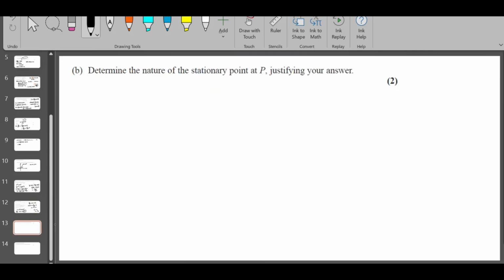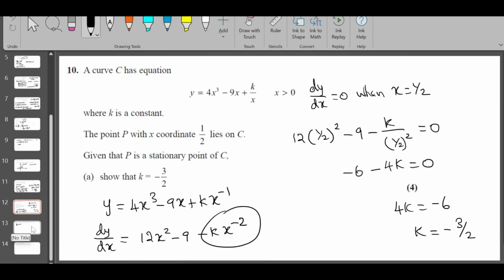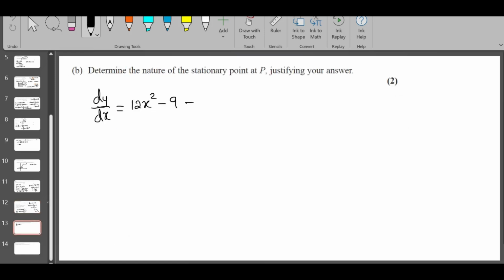Part B, determine the nature of the stationary point. To find the nature of the stationary point, we need to find the second derivative. We have the first derivative, 12x squared minus 9 minus kx to the power minus 2, right?